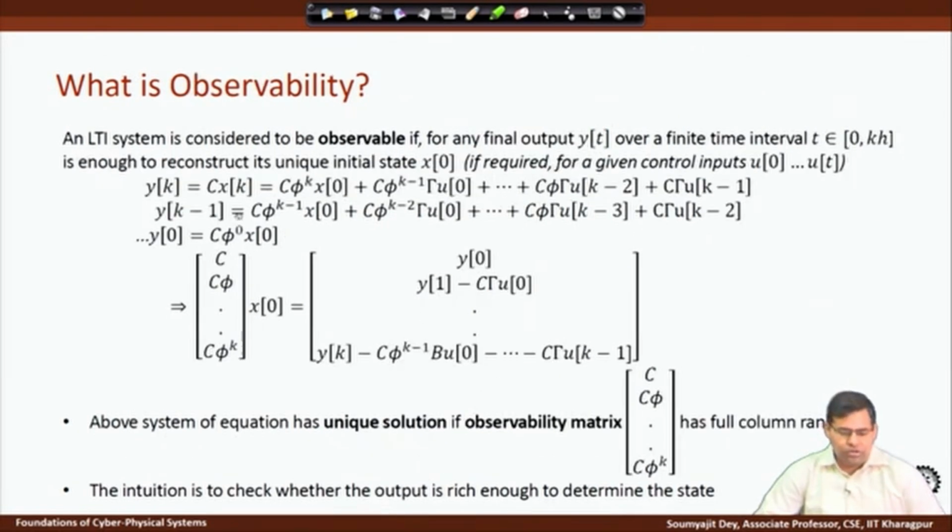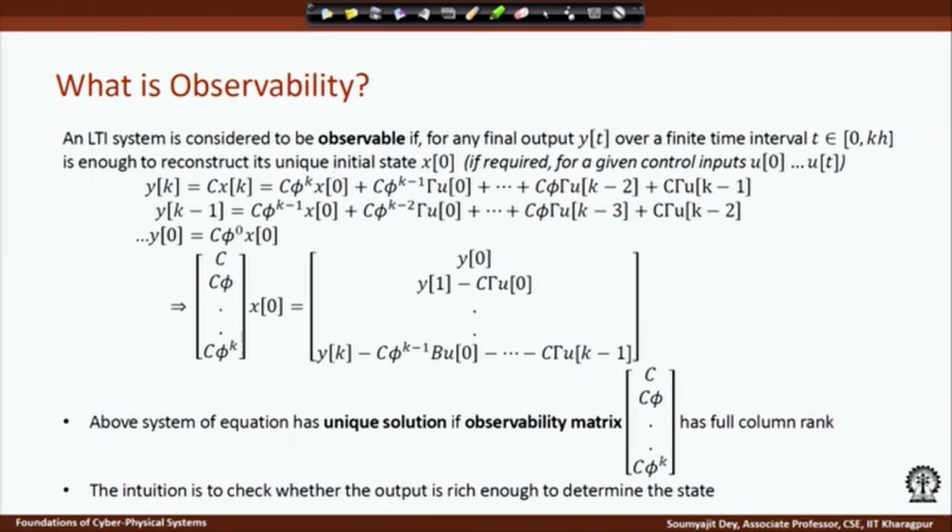So, just like controllability, the dual property is that I will consider the system to be observable if for any final output over a time interval, you have this output y t over this time interval, it is enough to reconstruct its unique initial state. So, suppose you know y t, the question is whether, given this, it is good enough information from which you can really reconstruct its state.